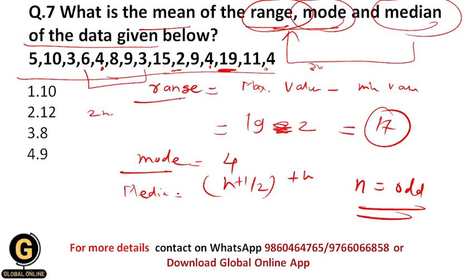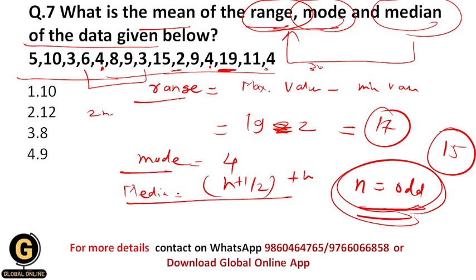N means the number of observations is odd. So let us see whether the number of observations here is odd or even. 1, 2, 3, 4, 5, 6, 7, 8, 9, 10, 11, 12, 13, 14, 15. So here the number of observations is odd, which is 15, and that's why you can use this formula. But whenever the number of observations is even, in that case the median formula will be different.